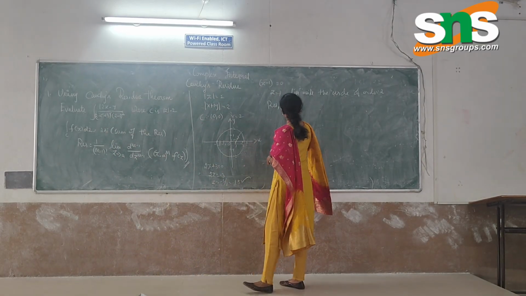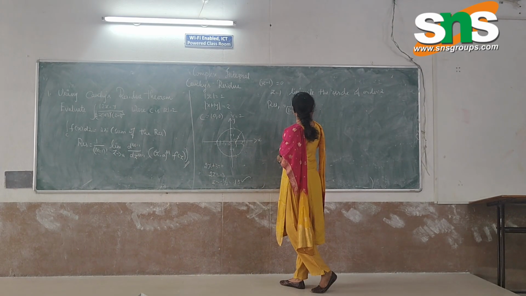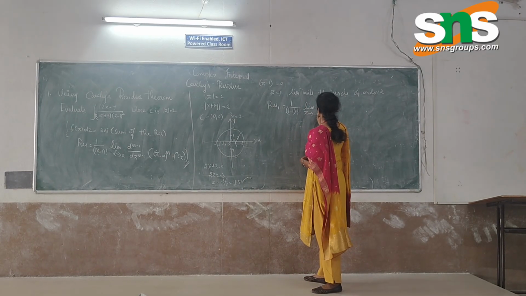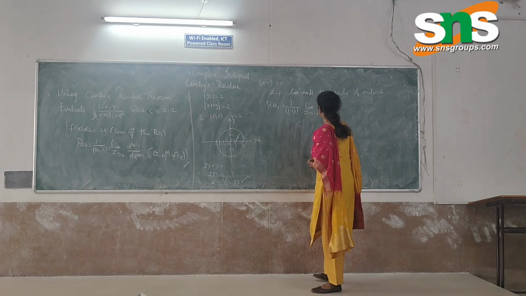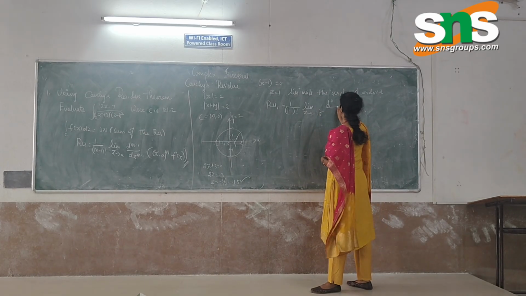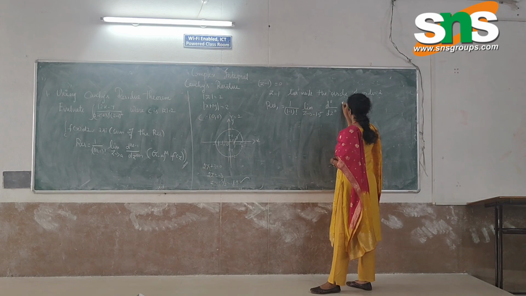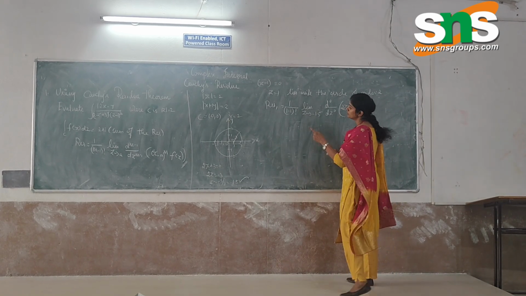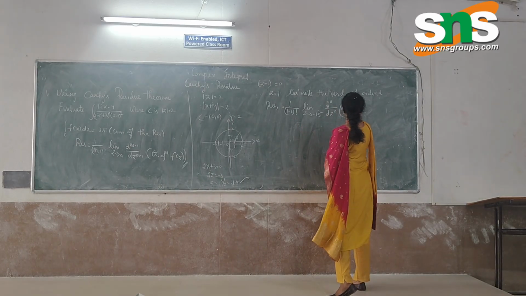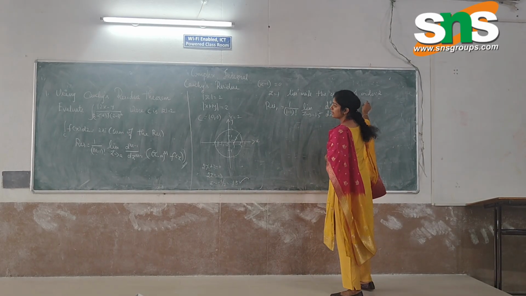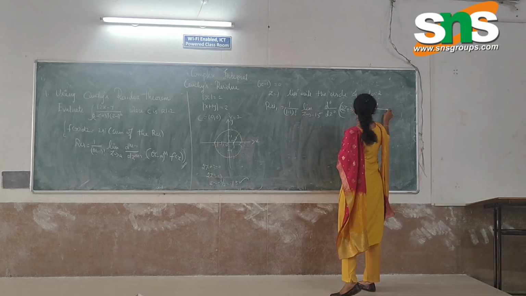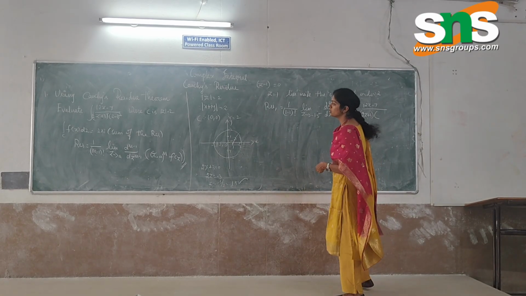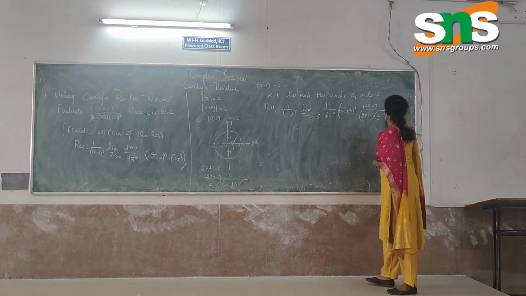So 1 by (1 minus 1) factorial, limit z tends to minus 1.5, then d power 0 by dz power 0, then (z minus 2) into (z plus 3) whole power 1 into (12z minus 7) divided by (2z plus 3) into (z minus 1) the whole square.